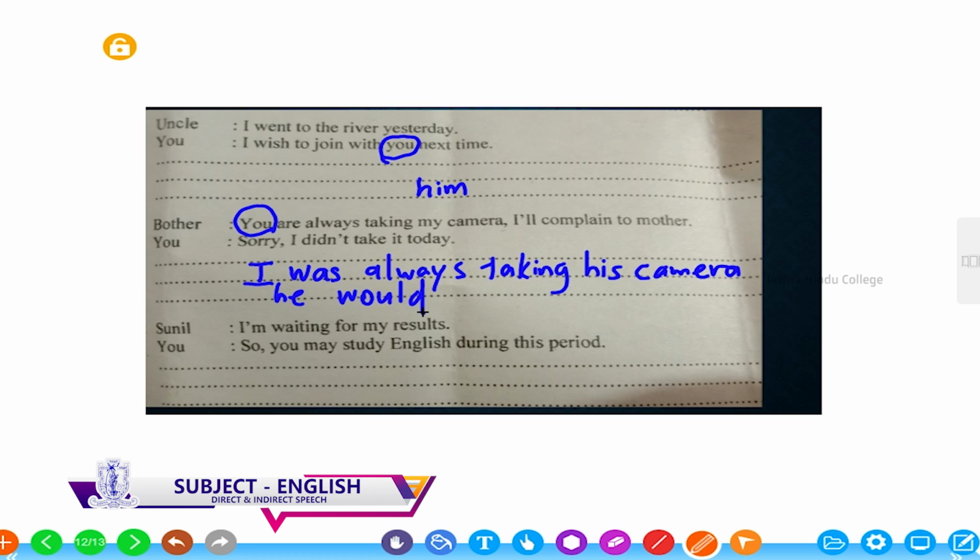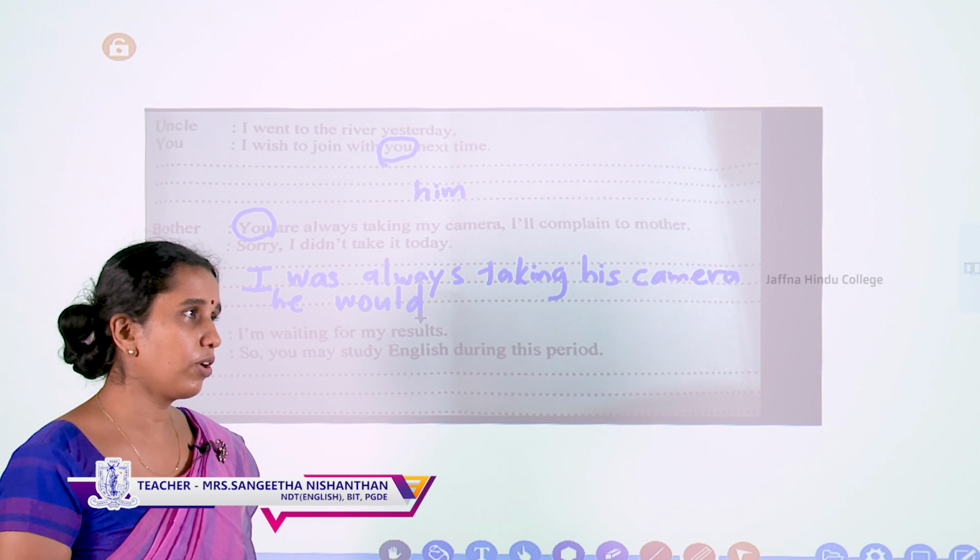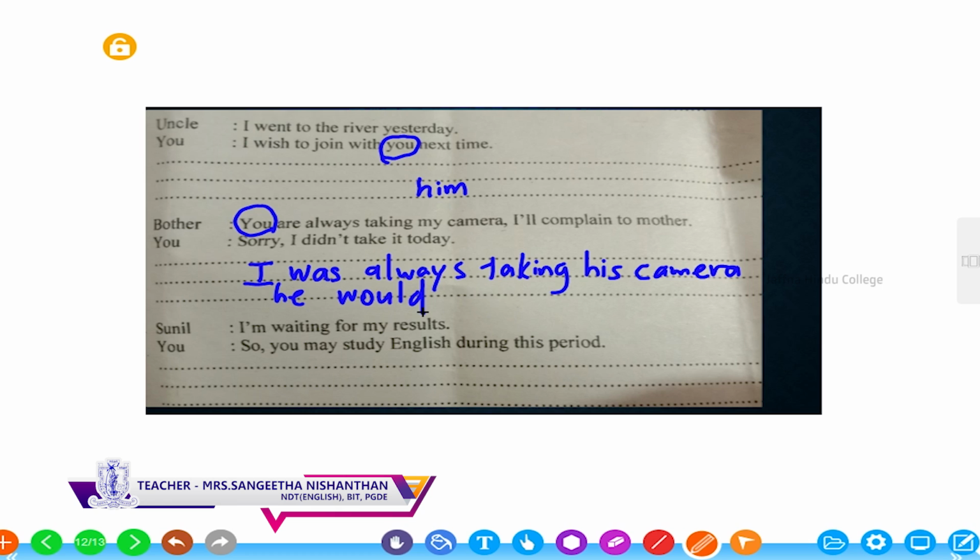So here you say sorry. So when you say sorry, you can use the reporting verb apologized. So I apologized that I hadn't taken.